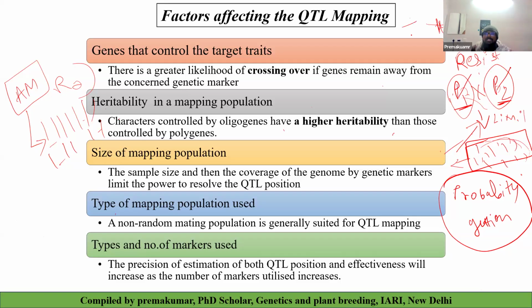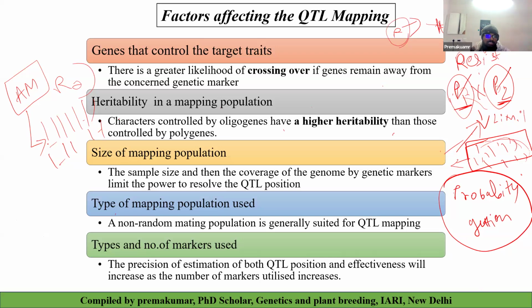So is resolution low or high here? You are getting a larger window, so you are getting low resolution because of the larger interval. You are getting a larger chunk of the genome. A lot of genes may be present here, either associated with your trait or not. We can't do any fine mapping here. That's why resolution will be very low.